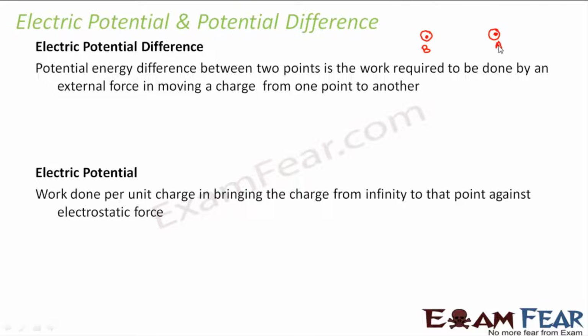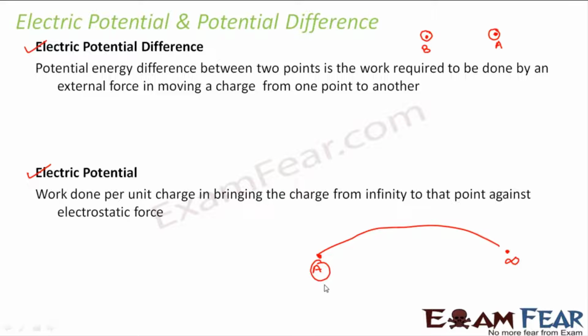And what is electric potential? Electric potential is nothing but the work done per unit charge in bringing the charge from infinity to that point against electrostatic force. Let us suppose I have some charge particle. In bringing this charge particle from infinity to a specific point A, whatever is the work done, that is called potential.